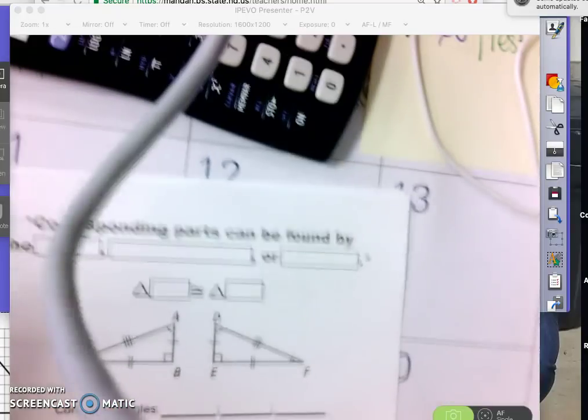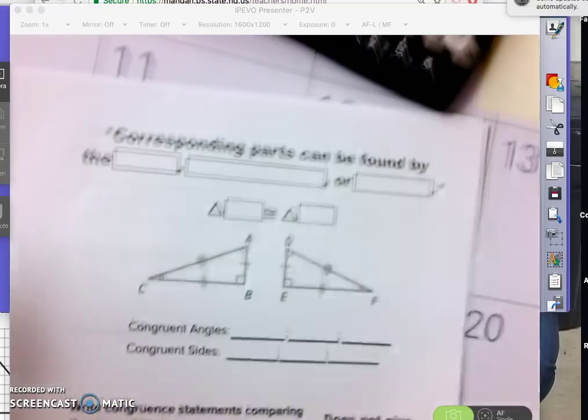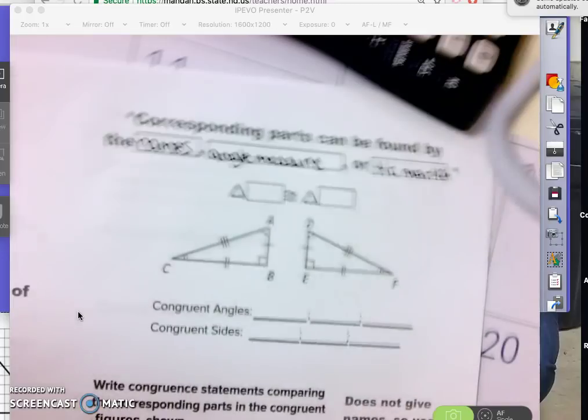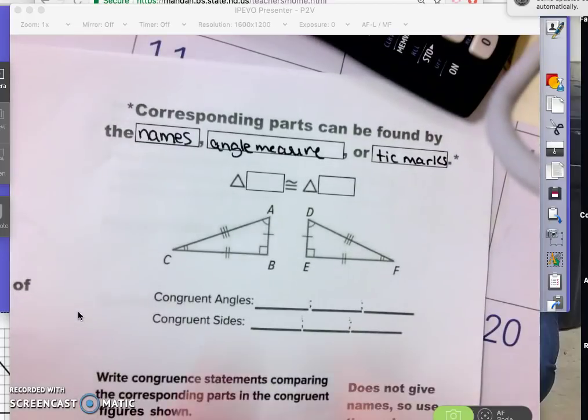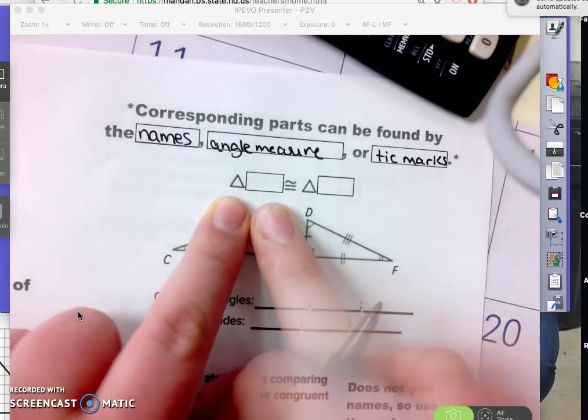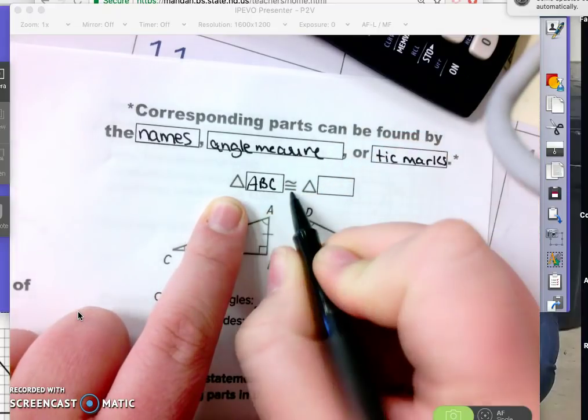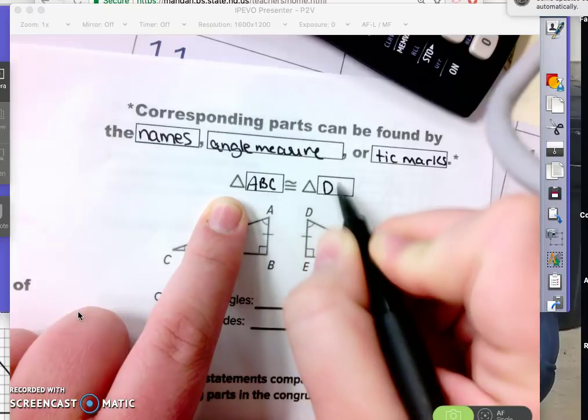So corresponding parts can be found by the names. So if you have right here triangle ABC is congruent to triangle DEF.